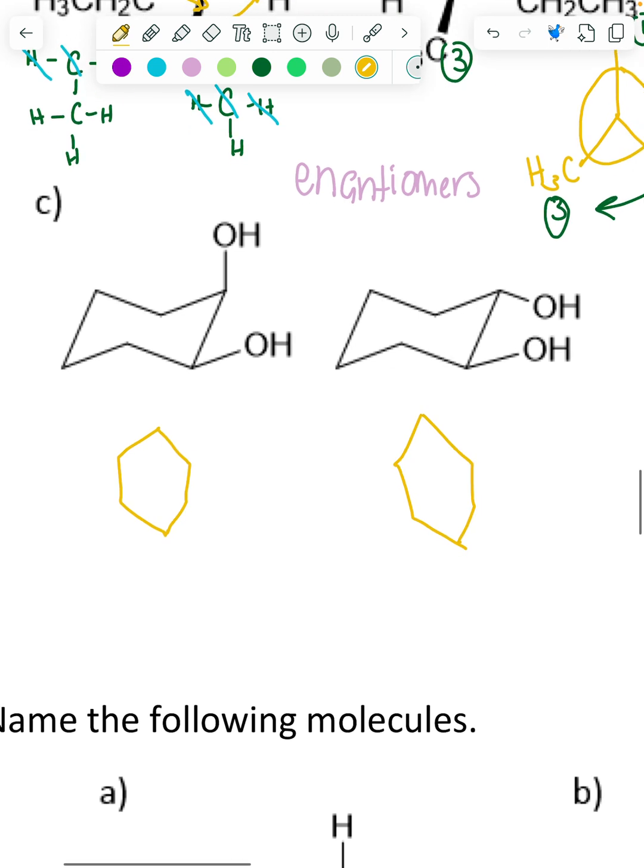Okay. Now I'm going to label these 1, 2, 3, 4, 5, 6. Hold on. Yeah. No, I'm going to do it the other way. Okay, what is happening?